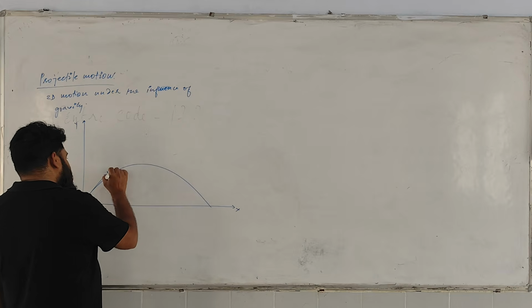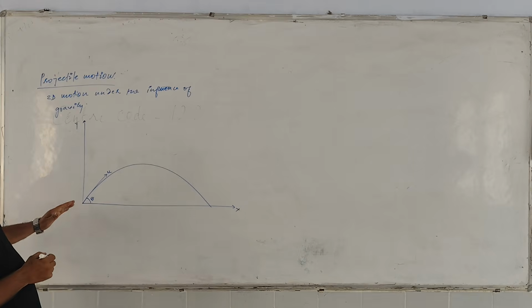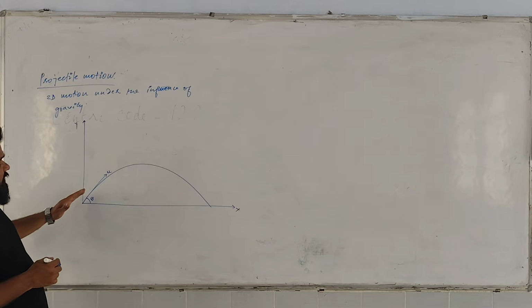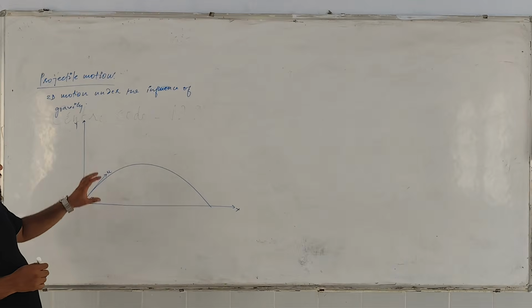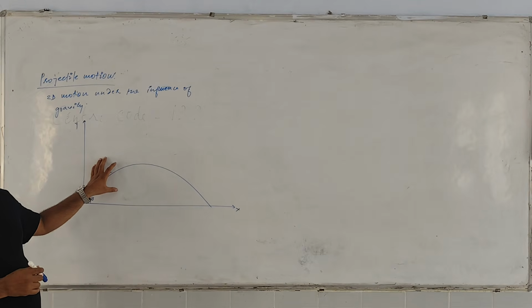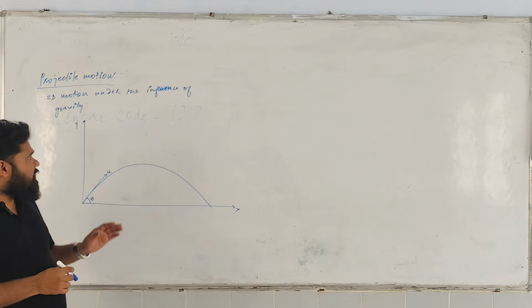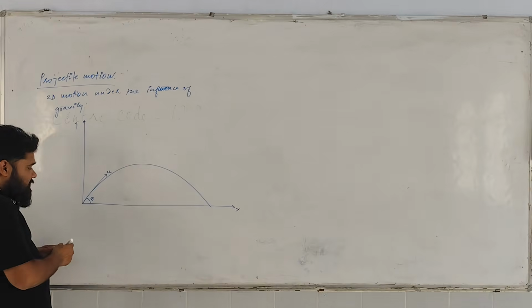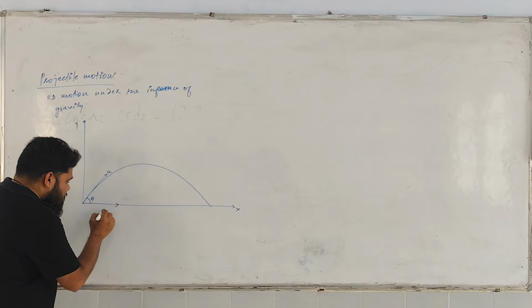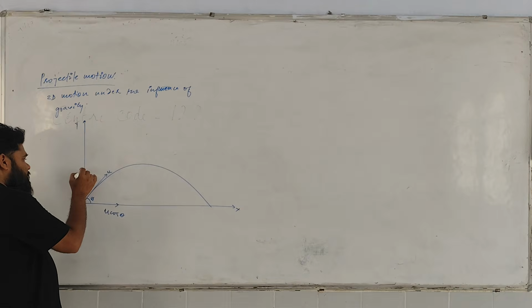When the body is projected with velocity u at angle theta, the velocity is split into its components. One component along the x-axis, that is the horizontal component, and one component along the y-axis, that is the vertical component. The horizontal component is u cos theta, and the vertical component is u sin theta.